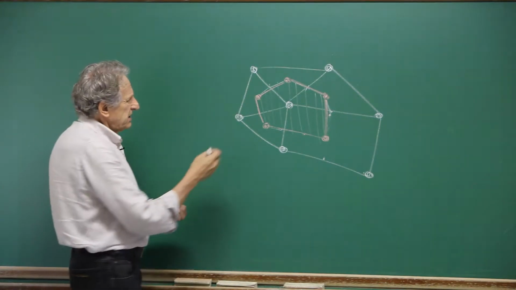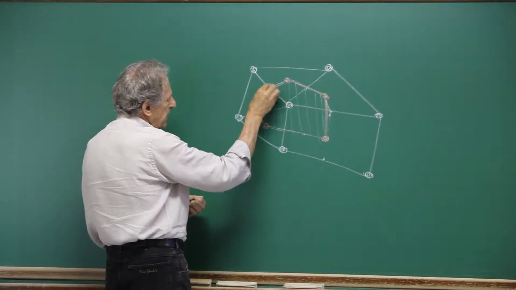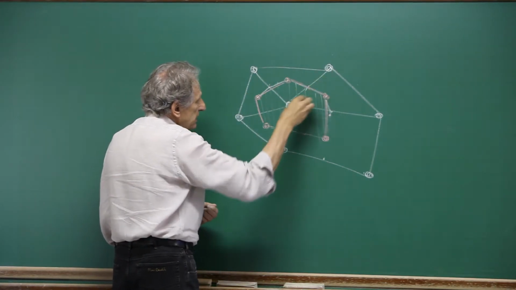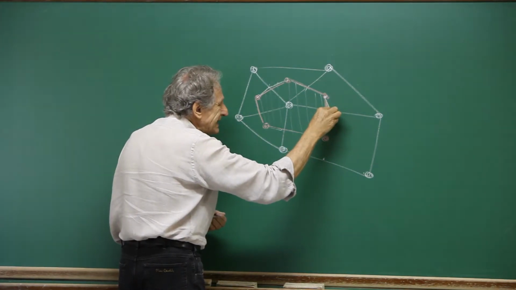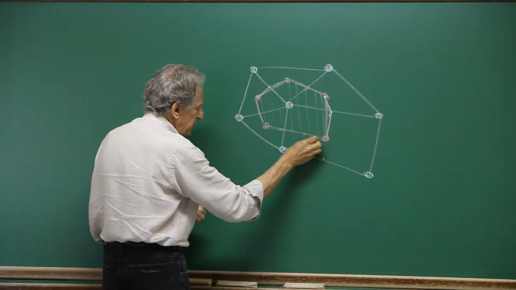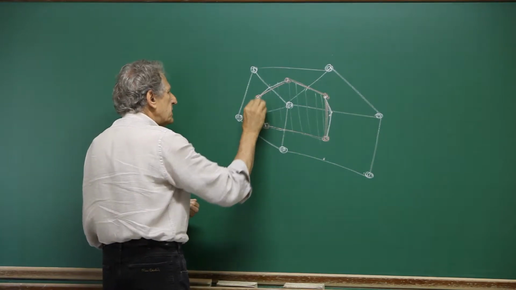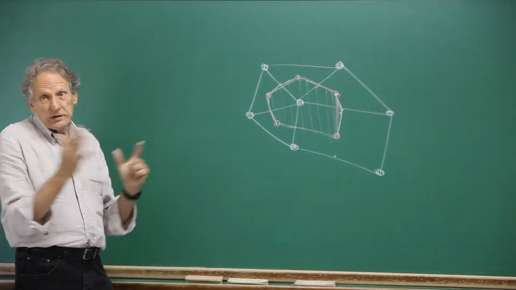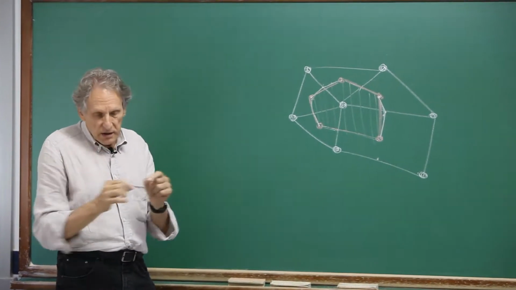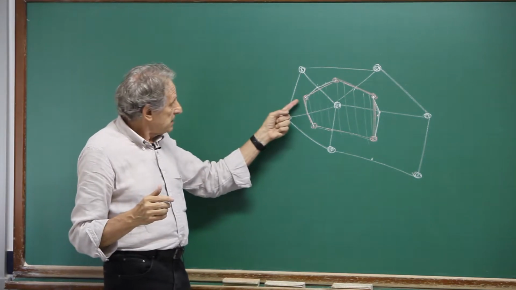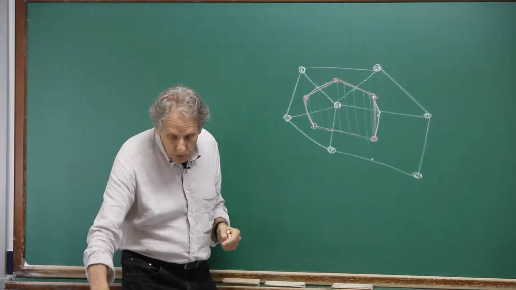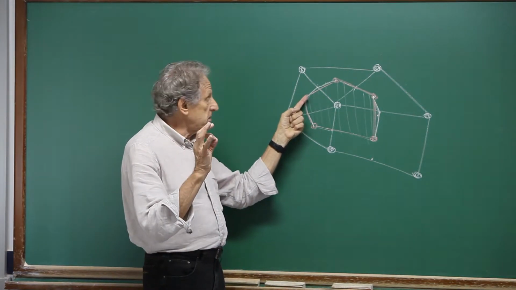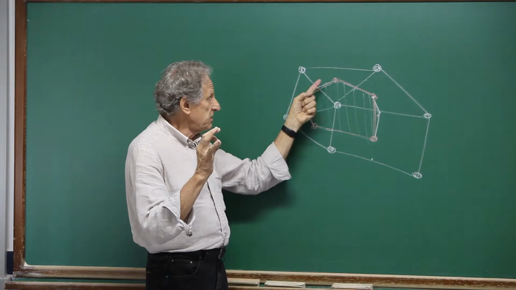And the element-based goes from the center to the midpoint of this side. It's center, midpoint. Center, midpoint. It's a little bit different. Of course, if you have an orthogonal grid, it will be coincident. But the way we do it here is the center of the element, the midpoint of the edge, center, midpoint.